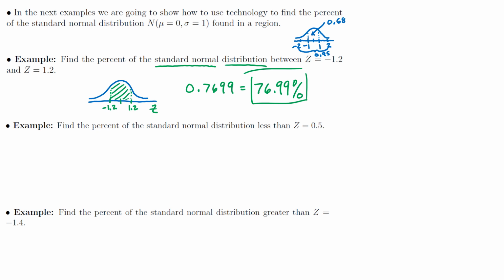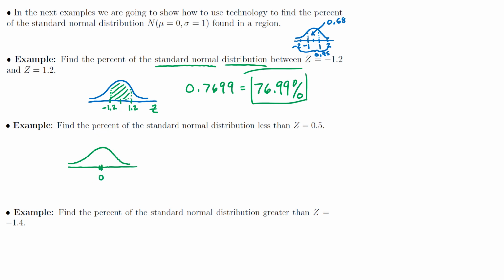For this next one, it says find the percent of the standard normal distribution less than z equals 0.5. So this time our picture, here's 0.